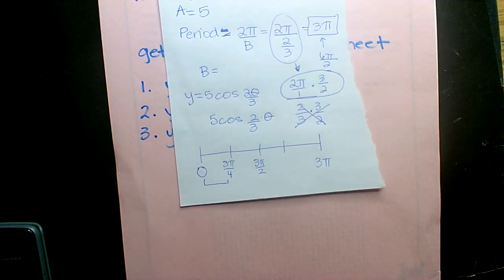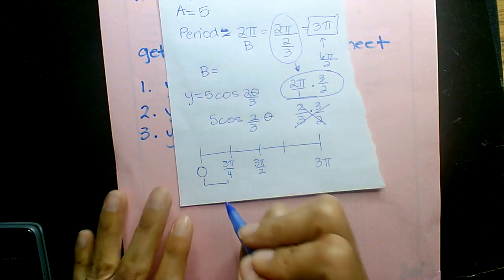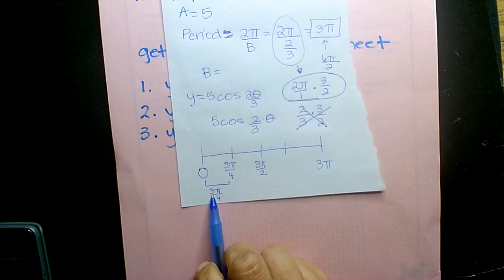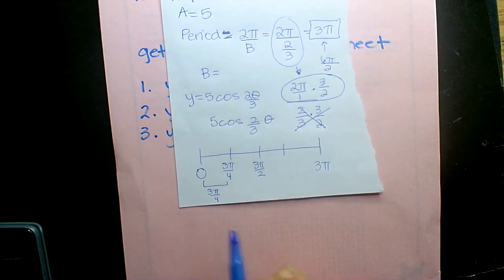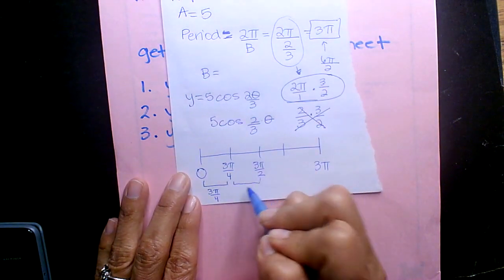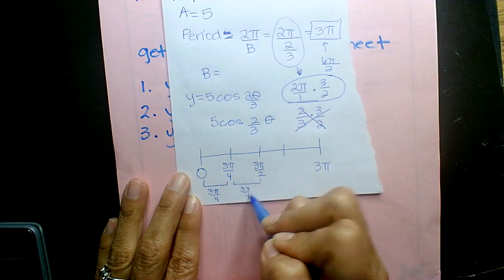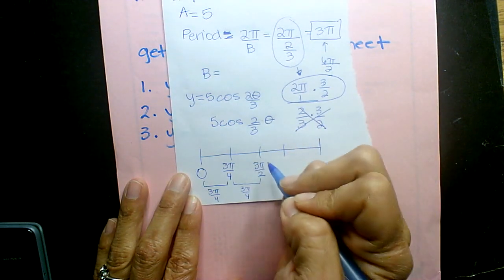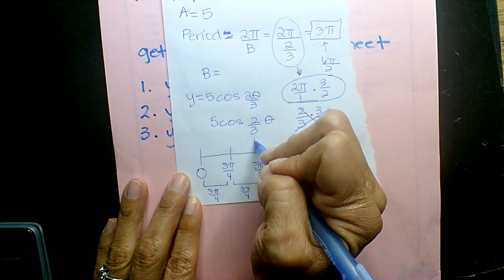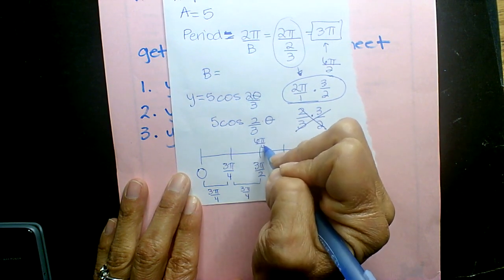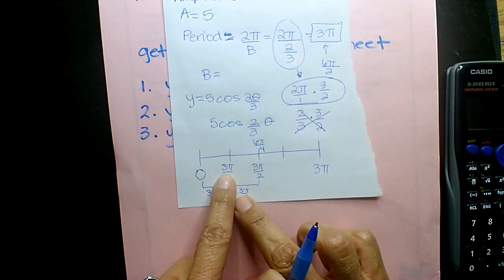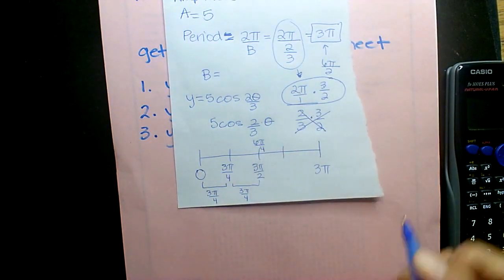So from 0 to 3 pi over 4, that's 3 pi over 4, right? So if you were to go another 3 pi over 4, this is really 6 pi over 4, because what's 3 plus 3 pi? 6 pi over 4.